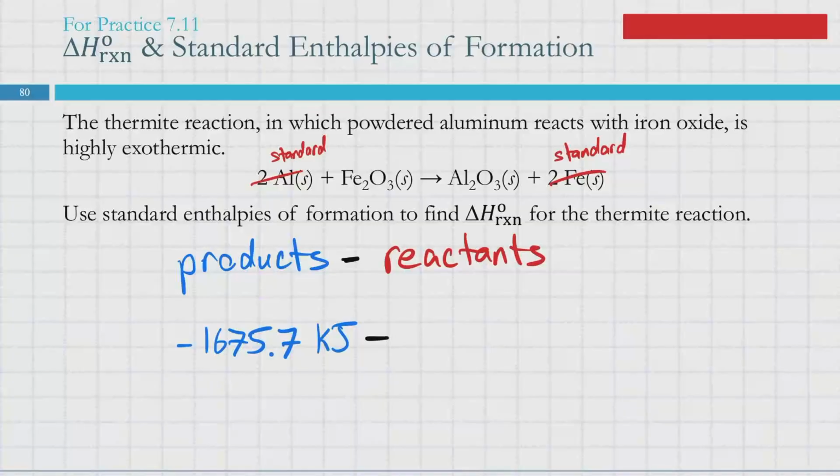So we take our value for our iron 3 oxide, our Fe2O3. It was negative 824.2 kilojoules. So we're just using the number that we got from the table. We'll write them in here in green.